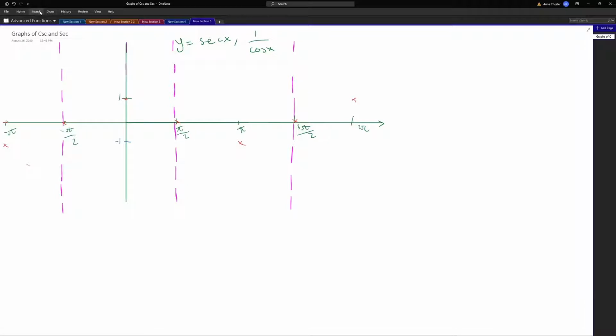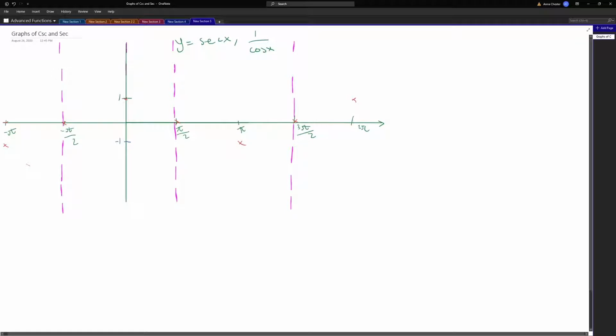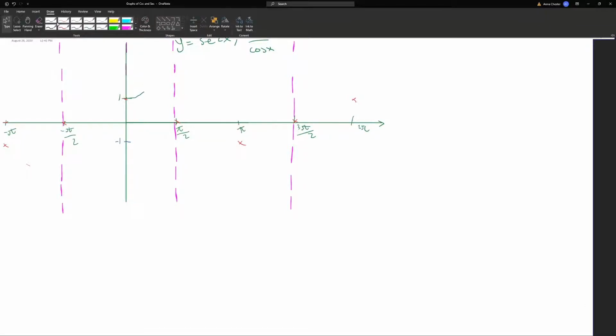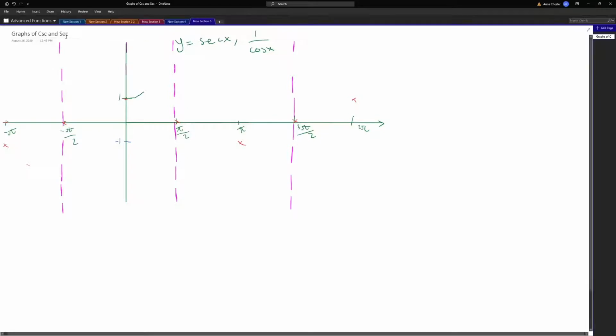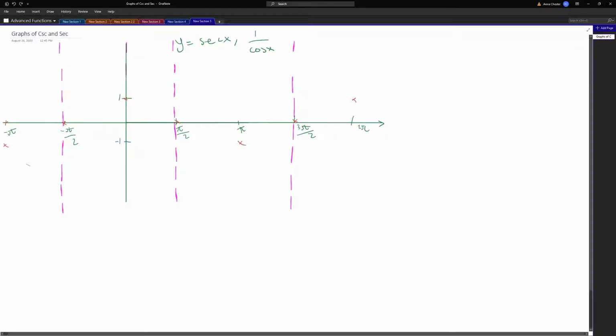Now we've done that. From the local maximums, we should be going up. Wait, I'm going to change the color. Let's go for black. So from the local maximums, we should be going to positive infinity.